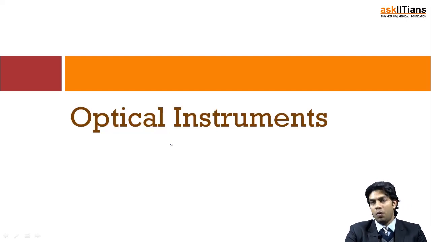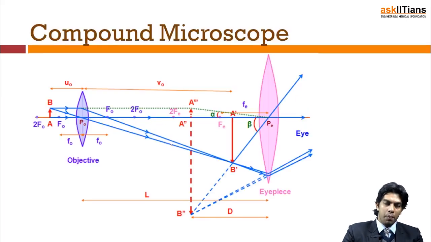Whether I want to look at an object in a magnified sense, that is, an enlarged image is wanted, or I want to look at a very far off image, based on that we will be putting different tools at our disposal, mirrors, lenses and whatnot, so as to satisfy the purpose. So let's start off with the compound microscope.